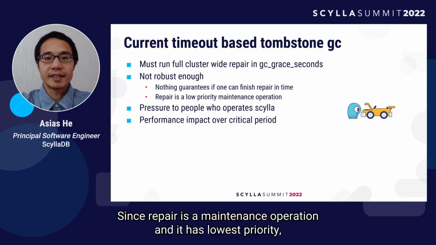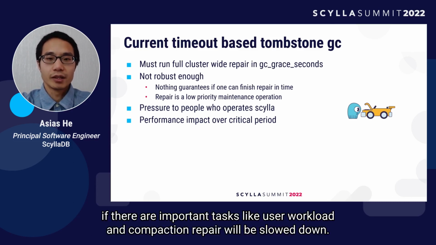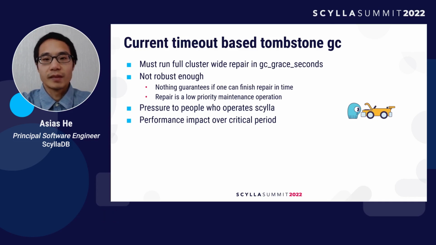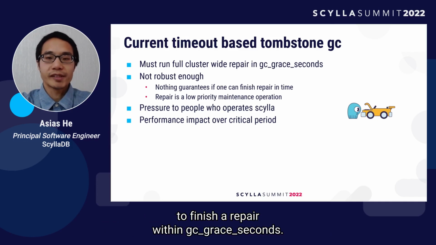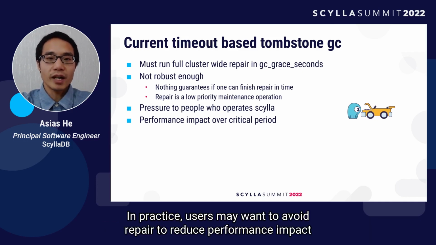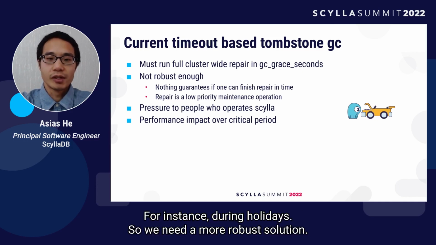Since repair is a maintenance operation and it has the lowest priority, if there are important tasks like user workload and compaction, repair will be slowed down. This adds pressure to people who operate Scylla to finish repair within gc_grace_seconds. In practice, users may want to avoid repair to reduce performance impact and serve more user workloads during critical periods, for instance during holidays. So we need a more robust solution.